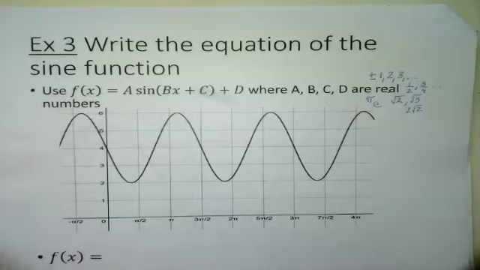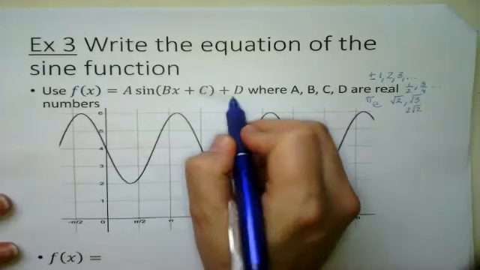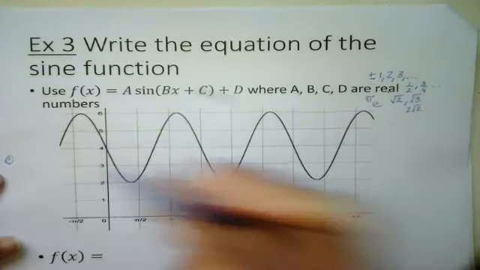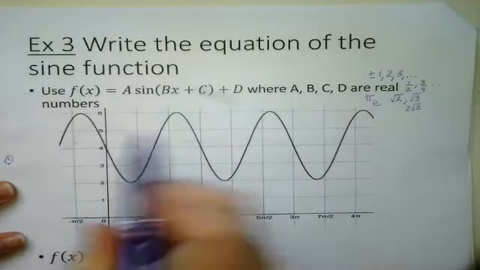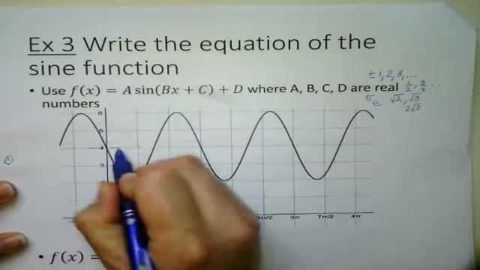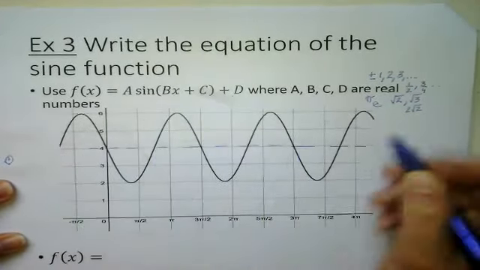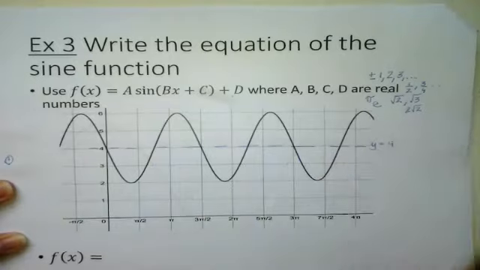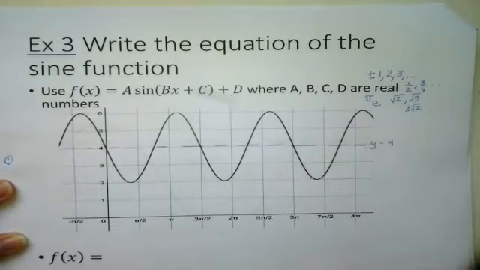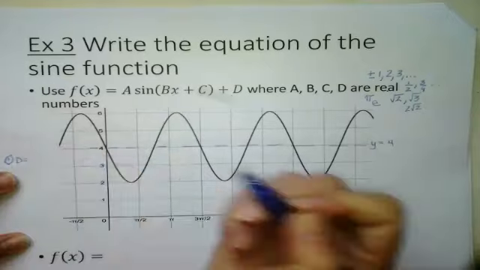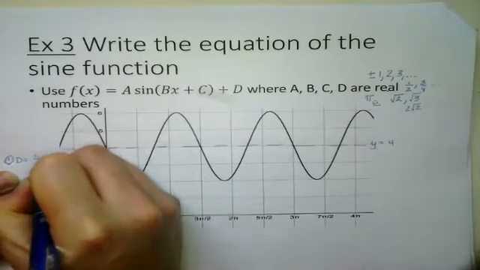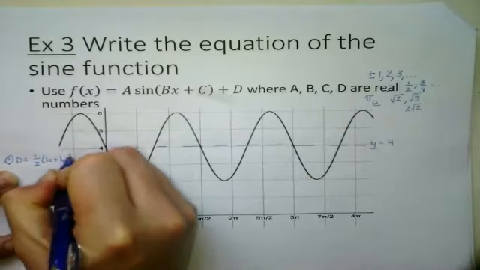Okay. So let's see what we can do. I think when we would do this, the first thing we always found was find D, the midline. So I can see really easily that the midline here is at y equals 4. And that was really easy to just see visually. If you wanted to calculate it, D is halfway between the low and the high value.